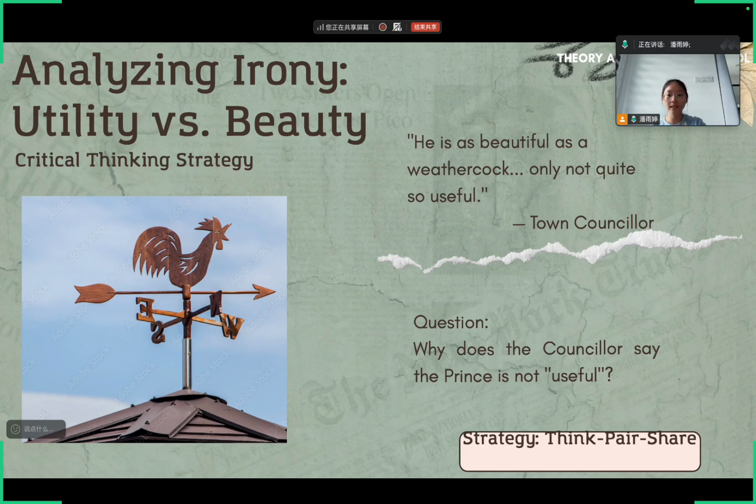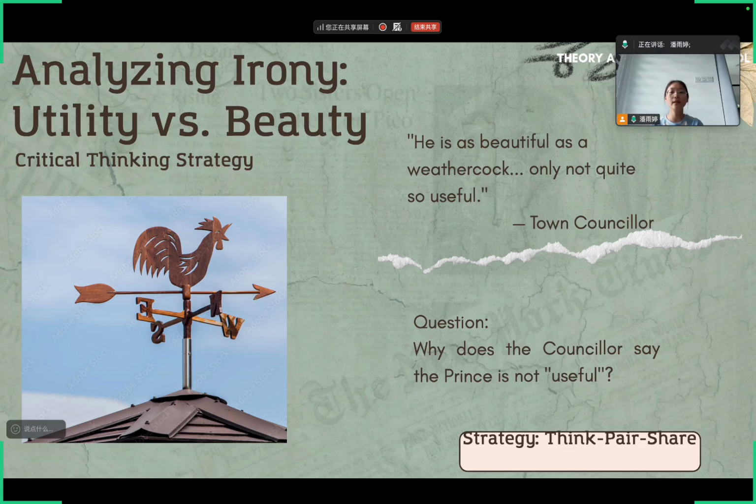This question targets the analysis and evaluation levels of Bloom's taxonomy. They have to analyze the character of the councillor and evaluate his values. They will realize that the society in the story values utility over beauty.